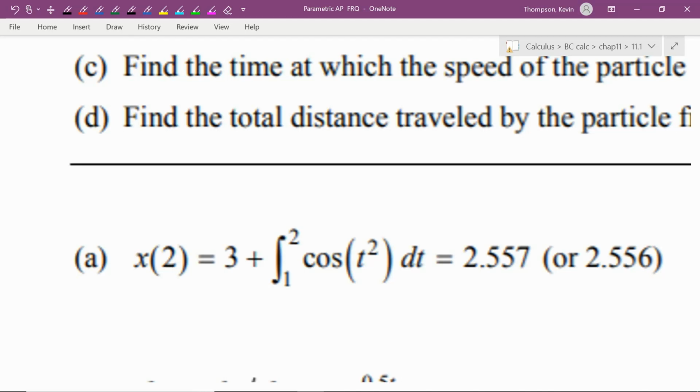You have an answer? You ready? Just the coordinate. Net change plus where we started, 2.557.